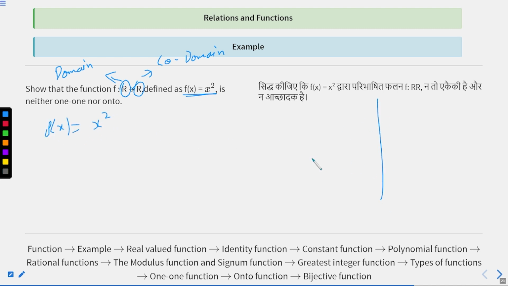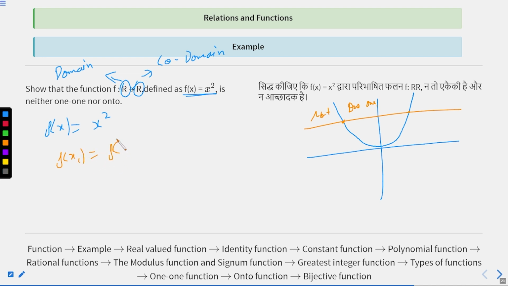If you can quickly answer, if you recall the diagram for it, you know from the horizontal line test that it is not 1-1, but we need to write a proof for it. Okay, so how are we going to show it? It is quite easy.